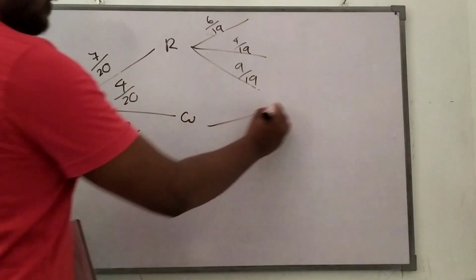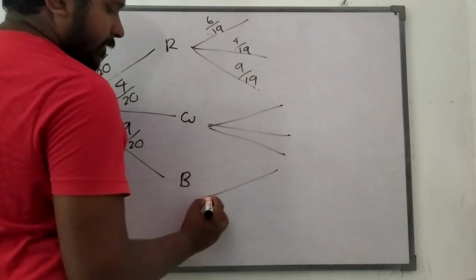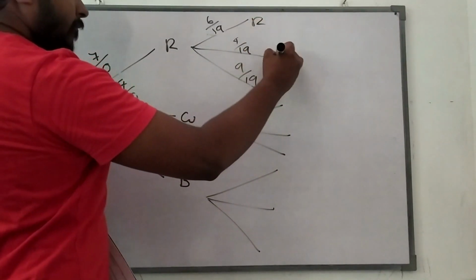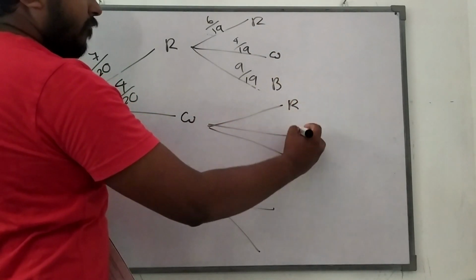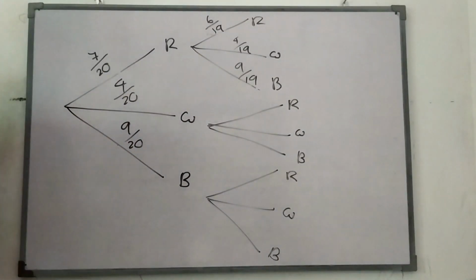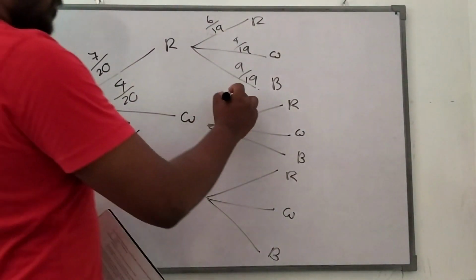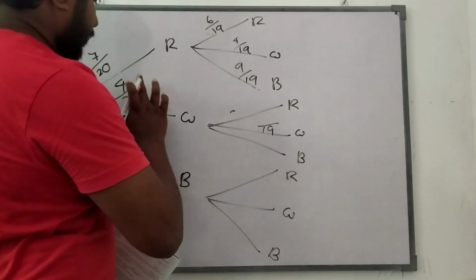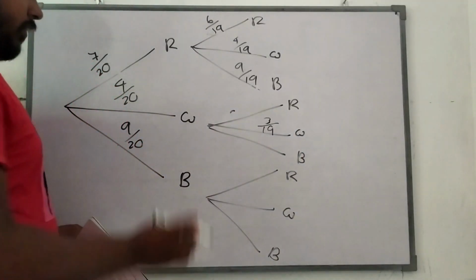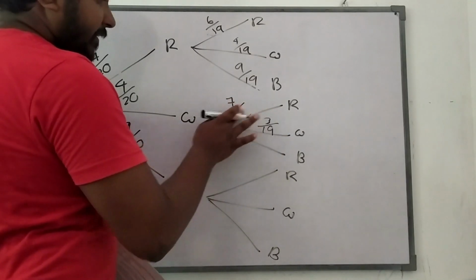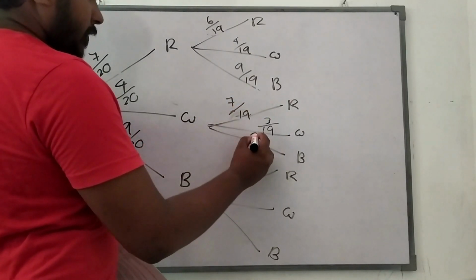So if the first one was white, then here red, white, black, red, white, black. White should be subtracted by 1, and here red is 7, it does not change, over 19.